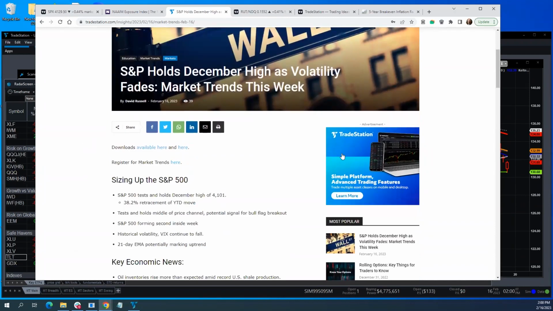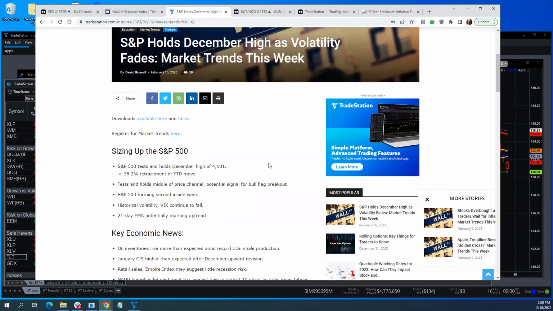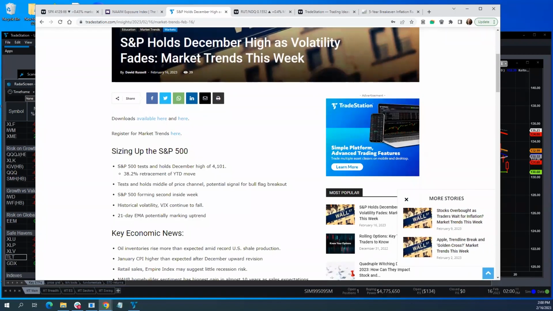But this blog post has a series of points in it, and it also has links at the top where you can get the workspaces I'm working with. There's another ELD here which has a TradeStation indicator. All right, so always kind of start with looking at the S&P 500.